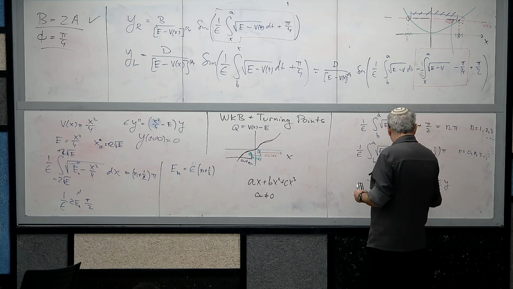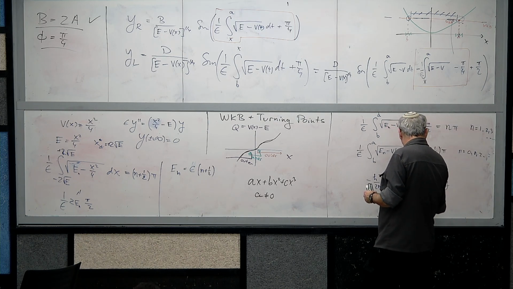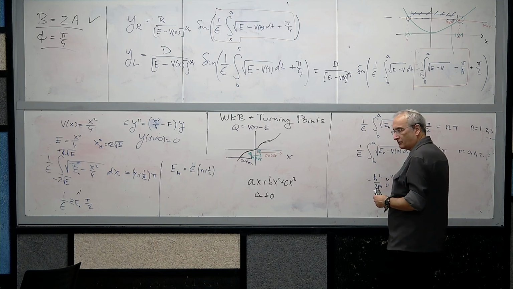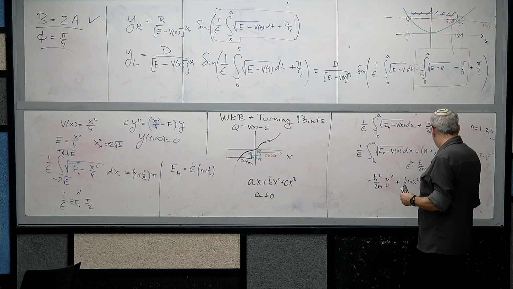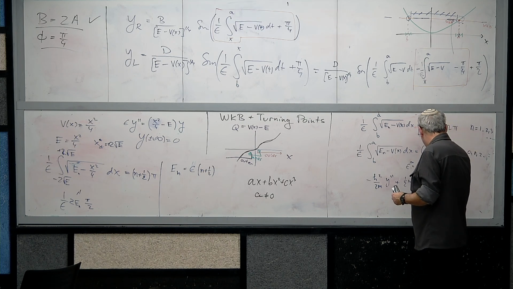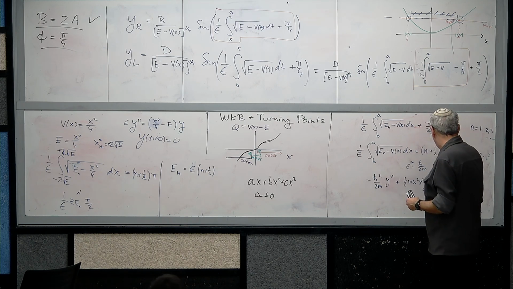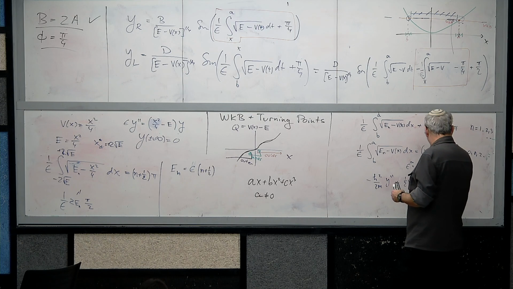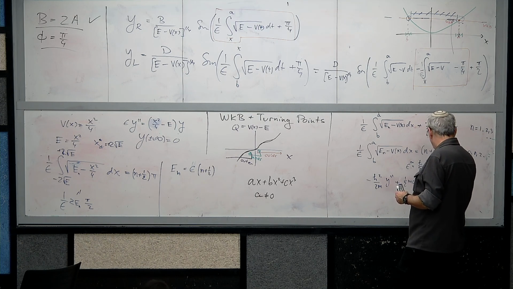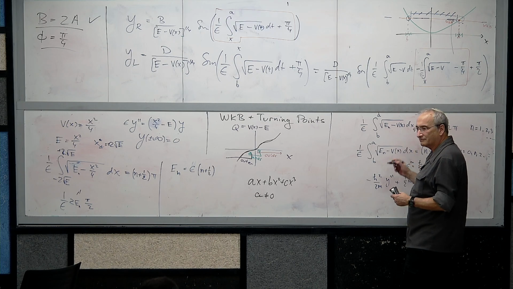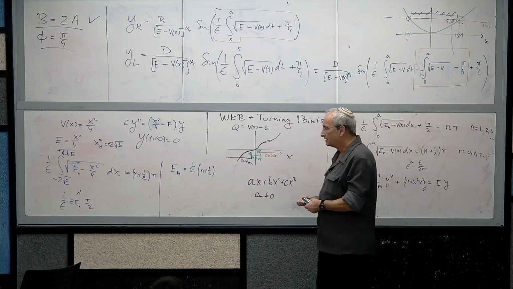If I divide, so my epsilon squared is h bar squared over 2m. And now here I have x squared y. So I have to do some manipulations here.